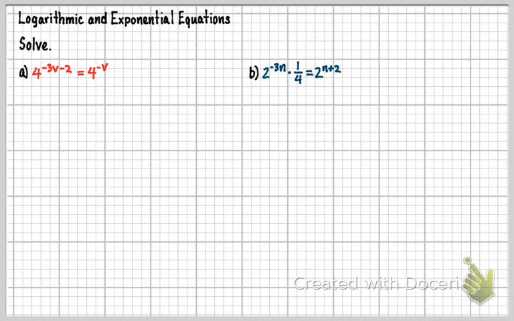So that tells me then that negative 3v minus 2 has to equal negative v if this equation is to be true. So then to solve this, I can move the 3 over. So then this is going to be 2v equals negative 2. Divide by 2 there, and I'm going to get v equals negative 1. So negative 1 is my answer for this first equation.